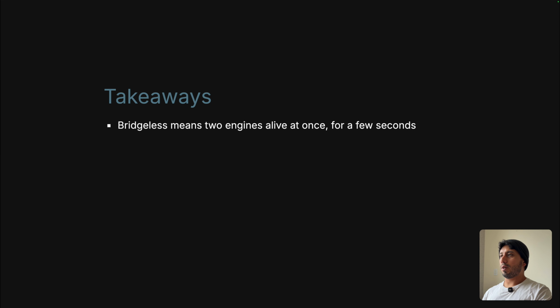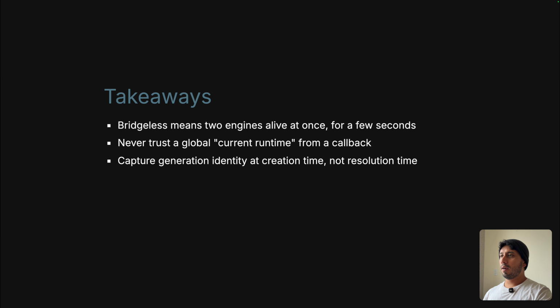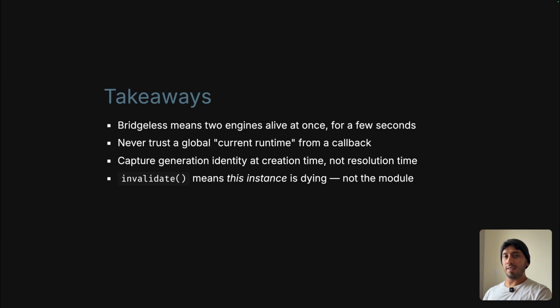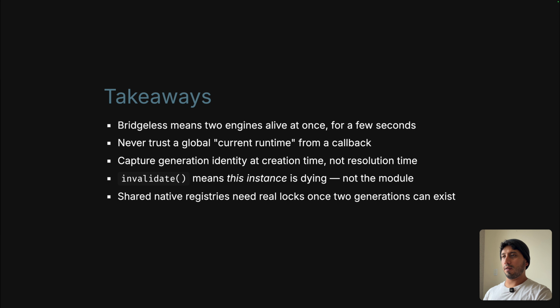Right, so the takeaways. Bridgeless now means you might have two engines alive at once, even if it is for a few seconds. You can no longer trust a global value, right? Let's say, for example, the current runtime from a callback, that might be replaced. You might have to capture identity at creation time, and invalidate means this instance of your module is dying, not the module itself.